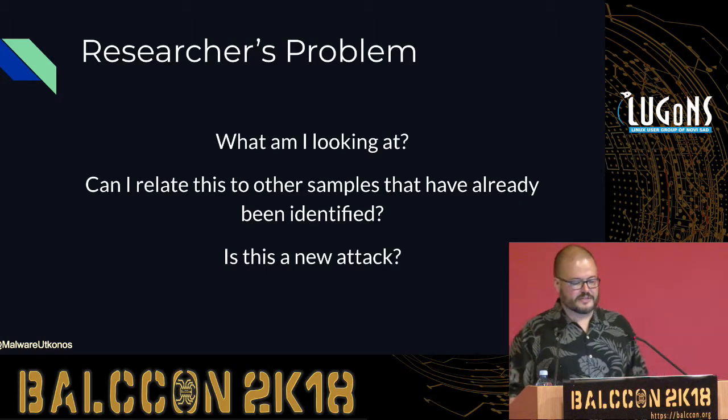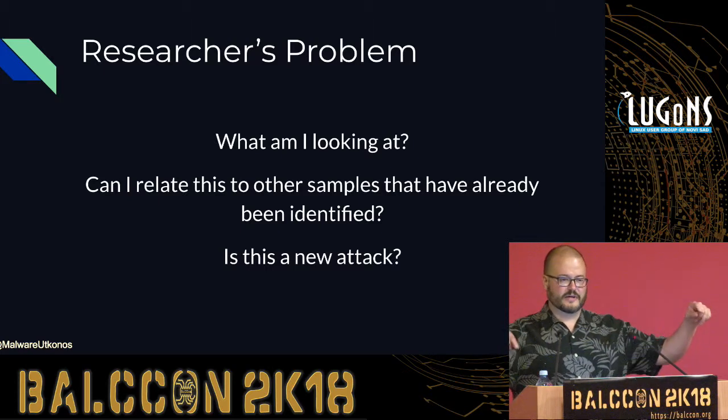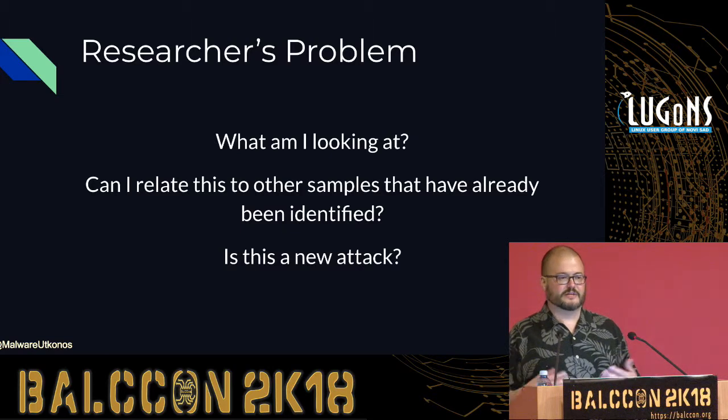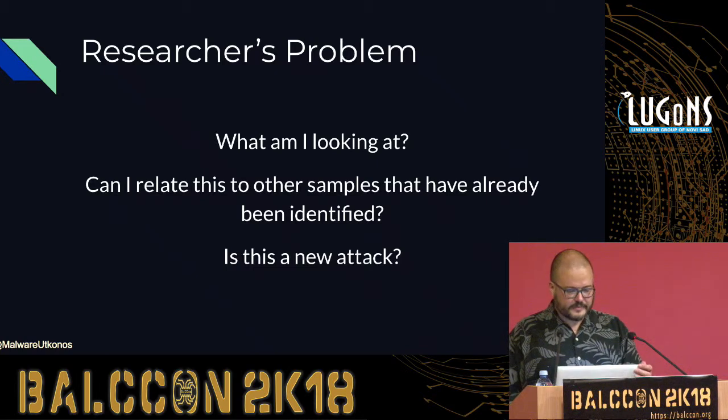And one of the things they need to do is to relate the sample that they're looking at to additional samples related in different ways, so that they can potentially identify it through previous identifications of older files or older samples. And then, one of the things you really want to figure out is: is this something unique? Is this something new? Is this something that no one has seen before? Is it something you haven't encountered before?